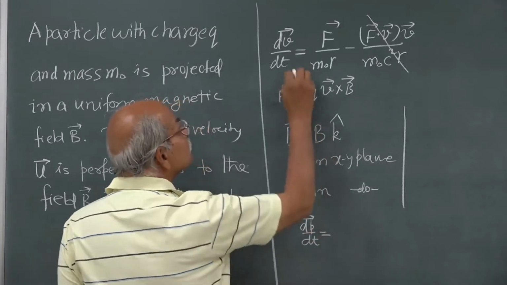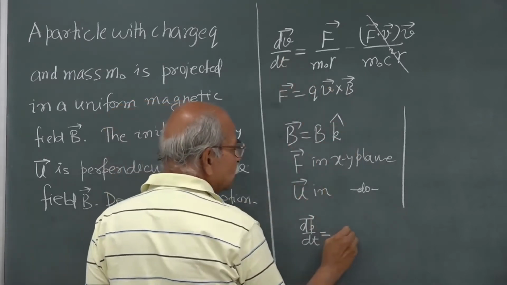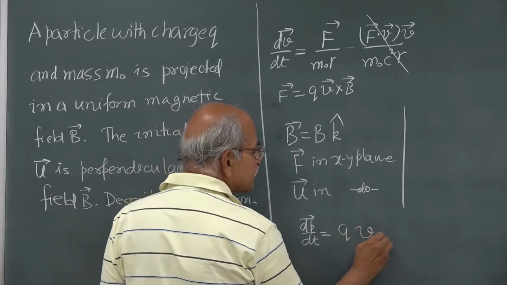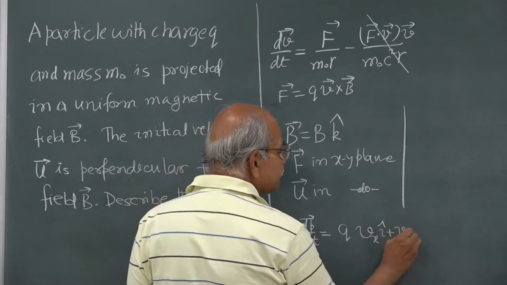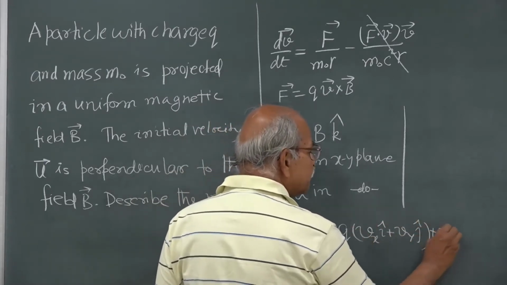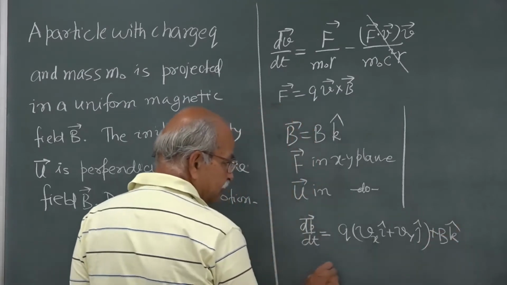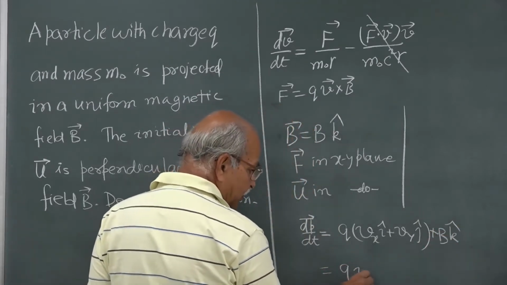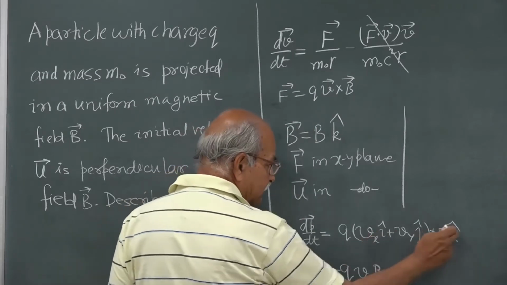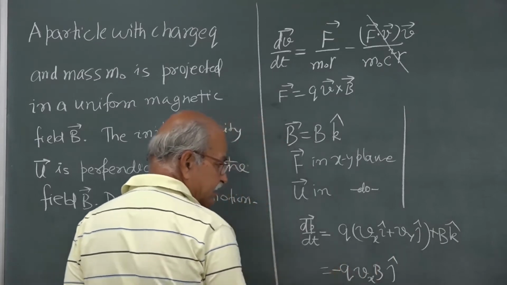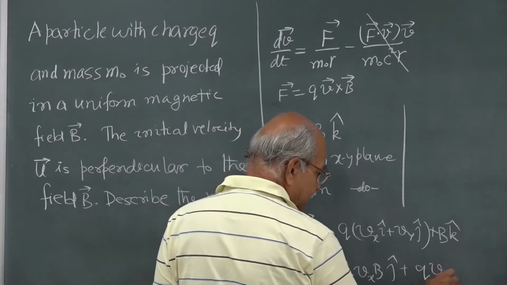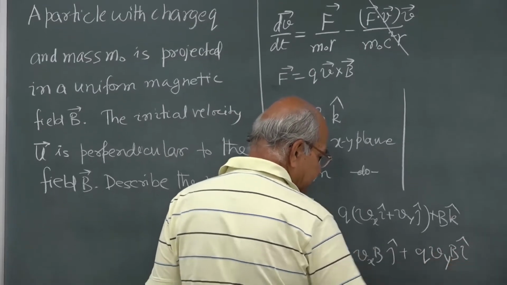dp dt is this force, and that is q times v cross B. So, let me write it: Vx i cap plus Vy j cap, cross B k cap, which will be q Vx B with a minus sign, since i cross k will be j, and then plus q Vy B i cap.